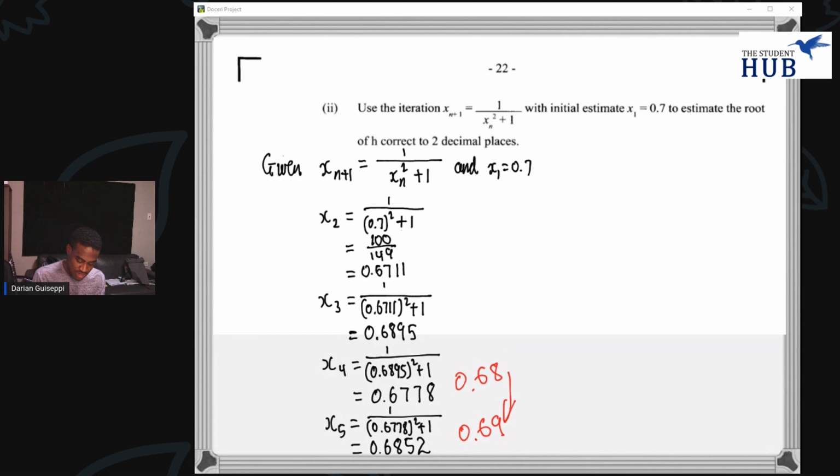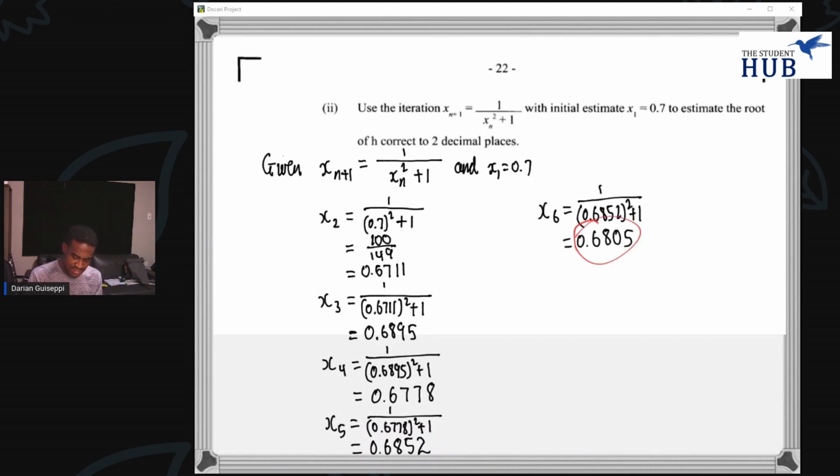We have to go to a sixth approximation. So that's what we do next. We would use x5 to gain the sixth approximation, right? So let's do that. x6 would be this here. And you get this.